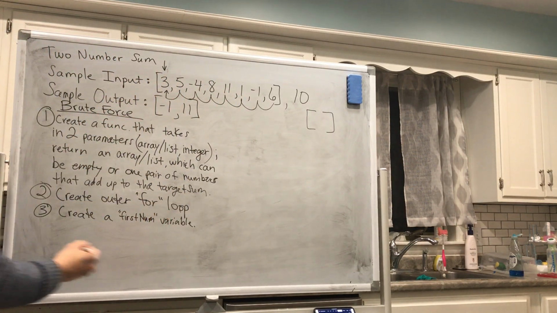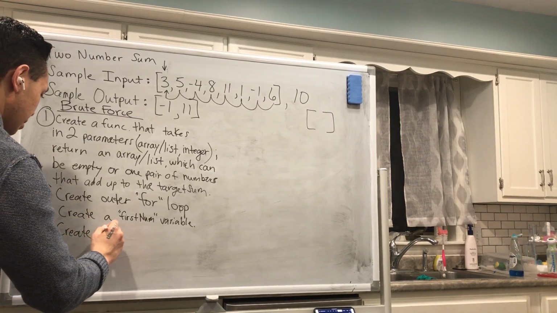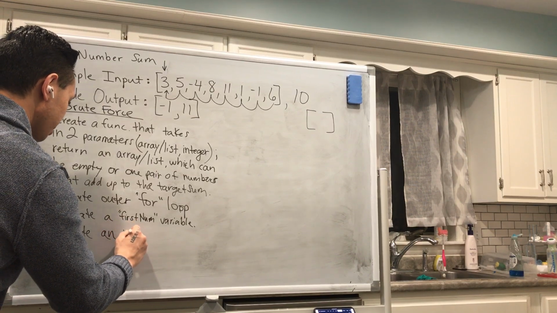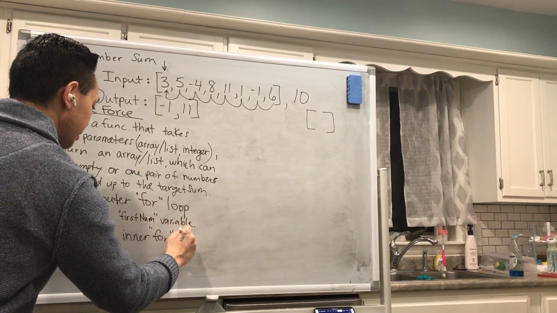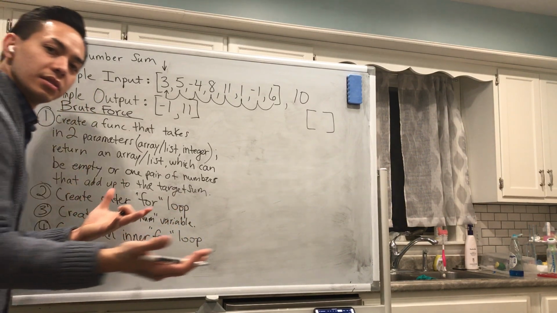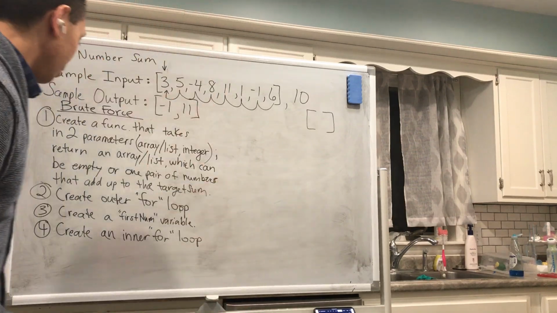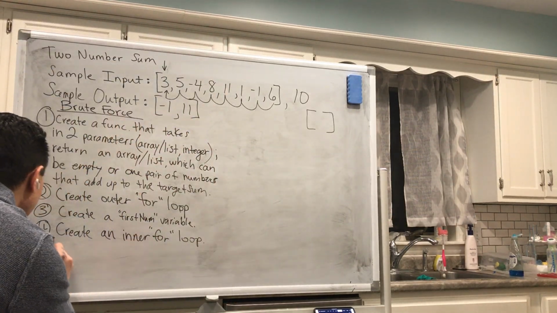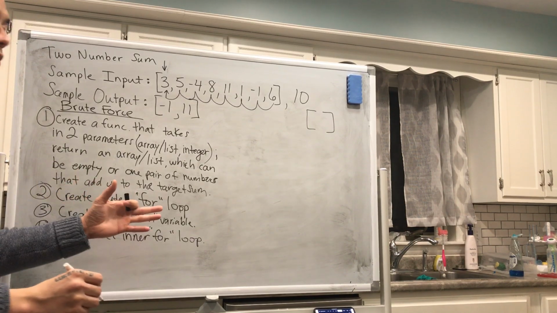First number. Okay, so step 4, we're going to create an inner for loop, and that's going to go right inside of that outer for loop. Hence, it's called a nested for loop, right? Okay. All right. And then step 5 here, we need to create another variable.